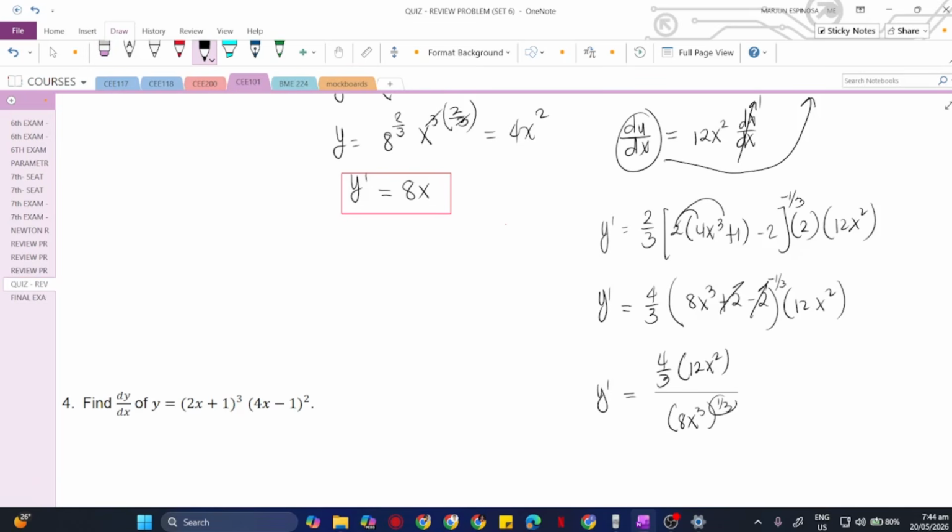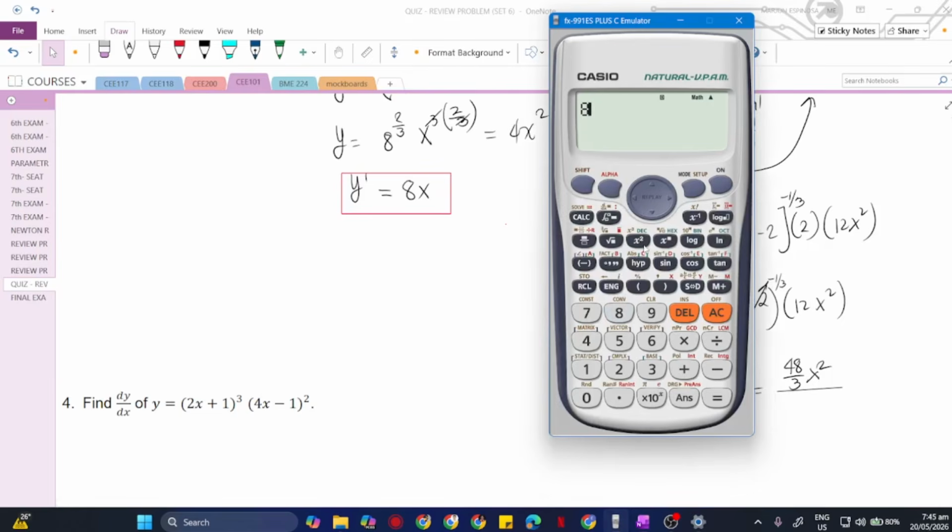So this 1 third, let's distribute it. We have here 4 times 12, we get 48, so 48 over 3, and that is x squared. This one is in the denominator, so 8x cubed raised to 1 third. Let's get our calculator: 8 raised to the power of 1 third, we get 2.